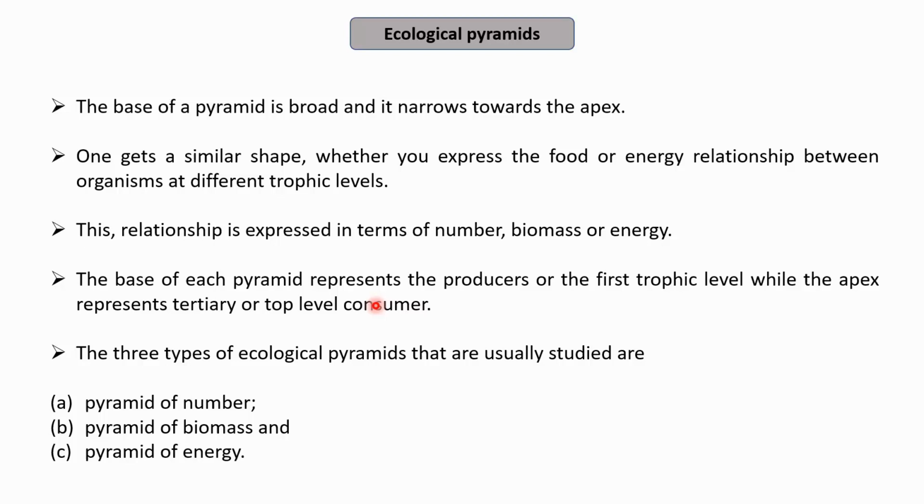If I try to make you visualize the shape of a pyramid, the base of the pyramid is broad, and as we move towards the apex, it becomes narrower. We also get a similar kind of shape when we try to express the food or energy relationship between the organisms present at different trophic levels.